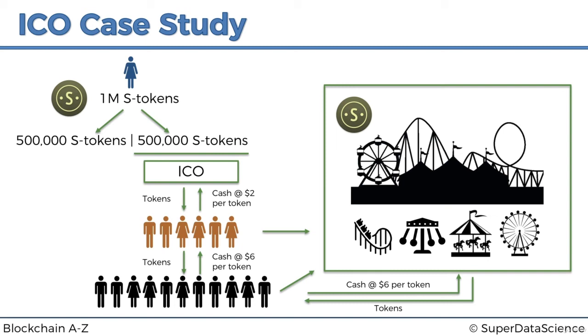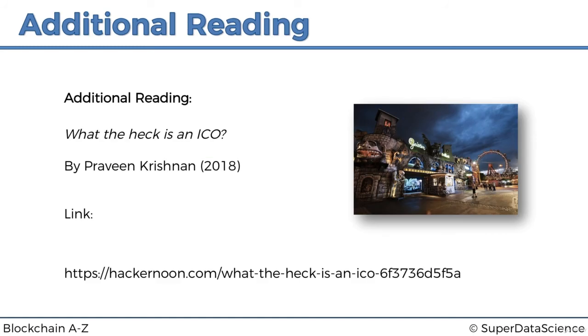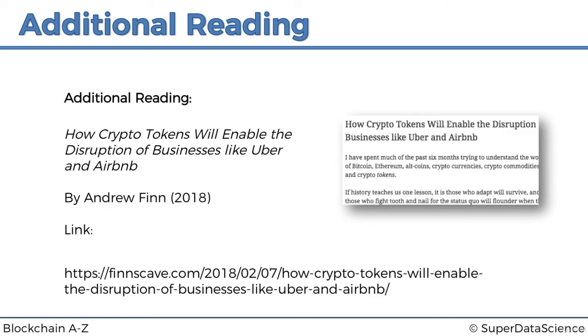If you'd like to read this example in its original version, you can find it here: What the Heck is an ICO by Praveen Krishnan, on Hacker Noon or on Medium. It's quite a good article, highly recommend it. And if you want a more in-depth example of an ICO that is more involved and has more moving parts and concepts to grasp, another example that I highly recommend is called How Crypto Tokens Will Enable the Disruption of Businesses Like Uber and Airbnb by Andrew Finn. Andrew Finn, by the way, is one of the co-creators of the blog called Wait But Why, which is run by Tim Urban.